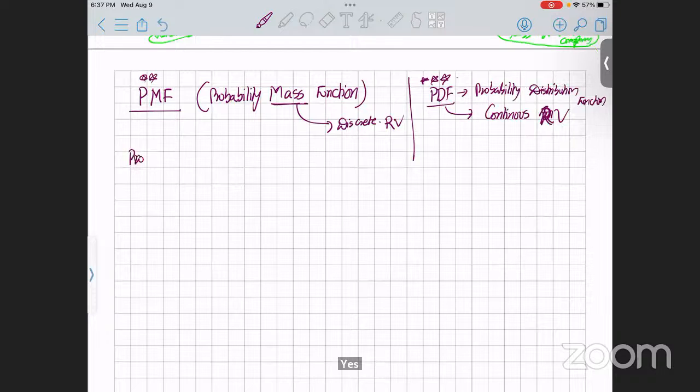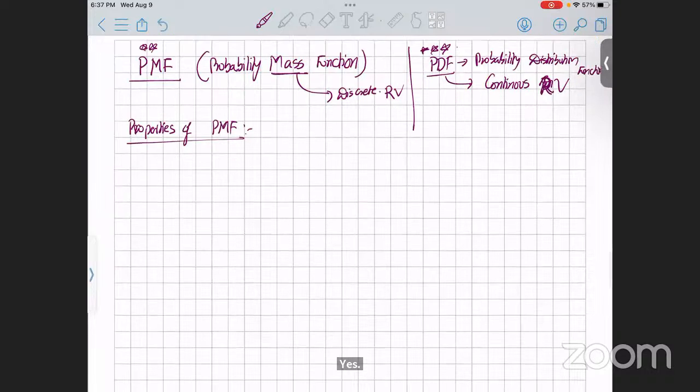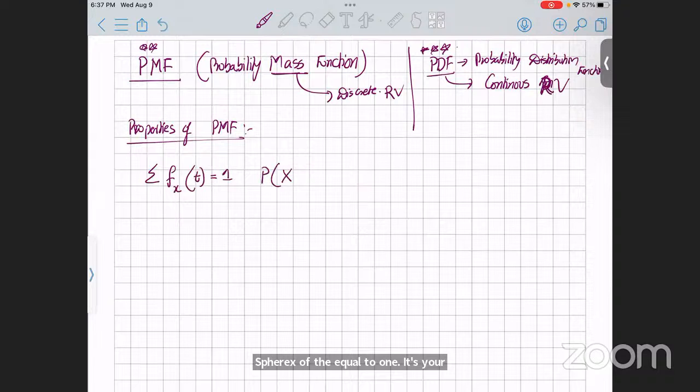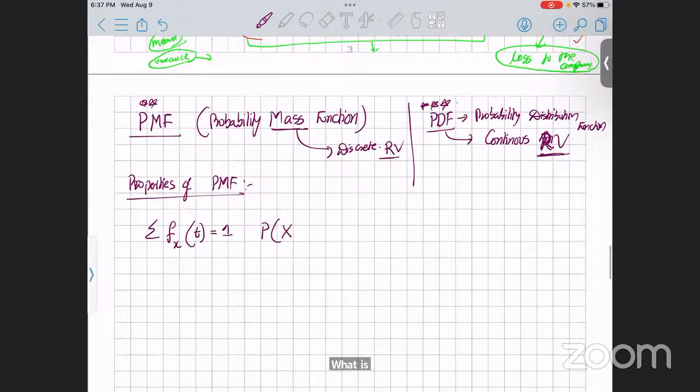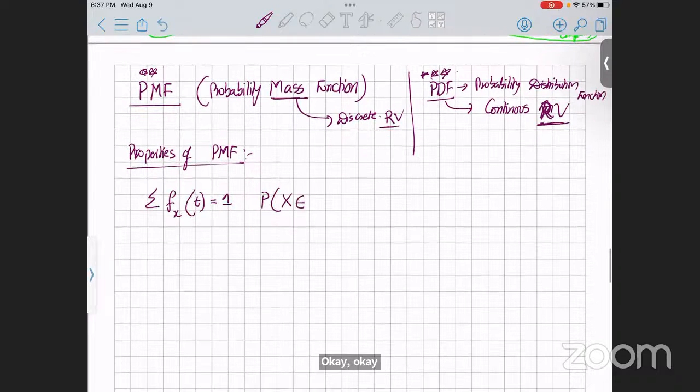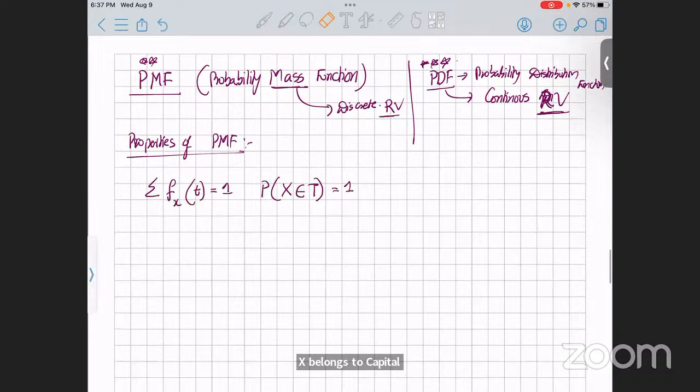Now we'll discuss the properties of PMF. The sum of f of x over x belonging to the set equals 1.